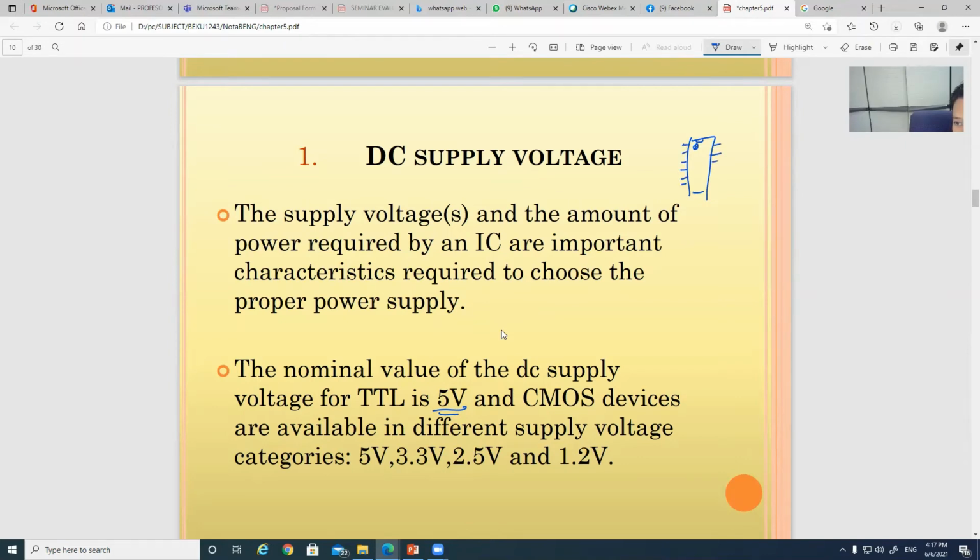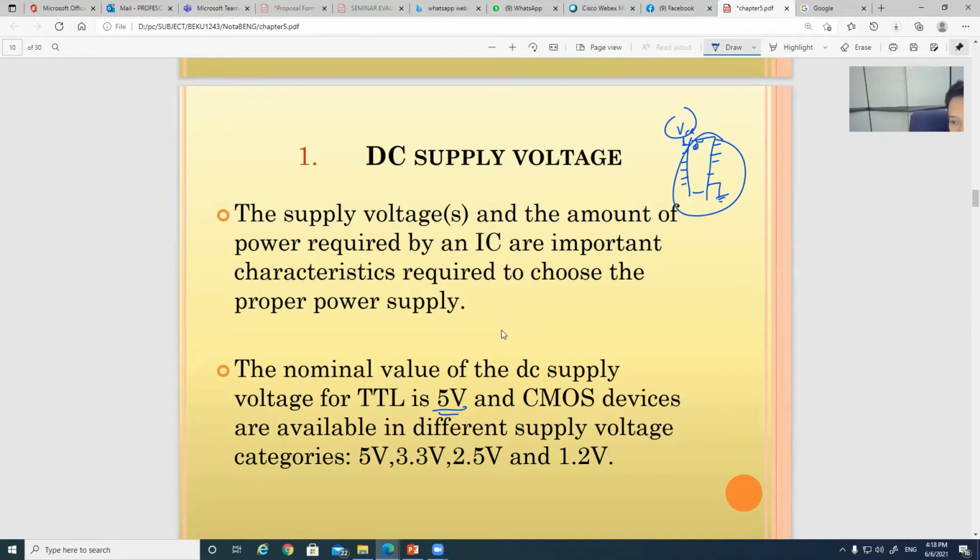Assume pin 1 is the VCC and the last pin is the ground. You have to connect this IC to the VCC, to the power supply. If not, this IC is not functional. Normally for TTL it is 5 volts DC.